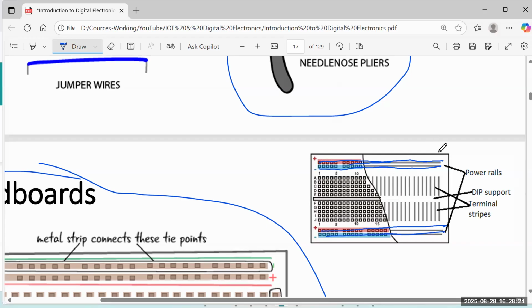So if you connect electricity to this hole, all these holes have electricity. If you connect electricity to this hole, on the second line, all the holes in that line have electricity. The other side is also like that, but these are not interconnected. So you need to give electricity to this side or this side. If you need both, you need to connect this to this using a wire. Then when you give electricity here, everywhere in this line and this line has electricity. If you don't understand it, let me know. I can explain it again.